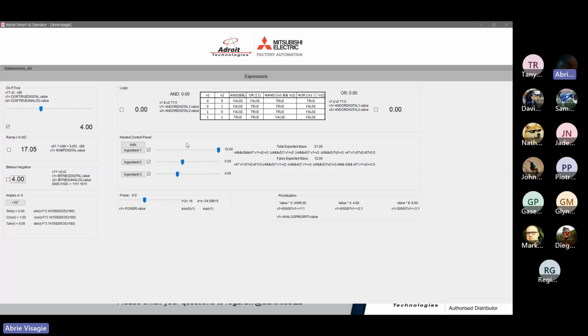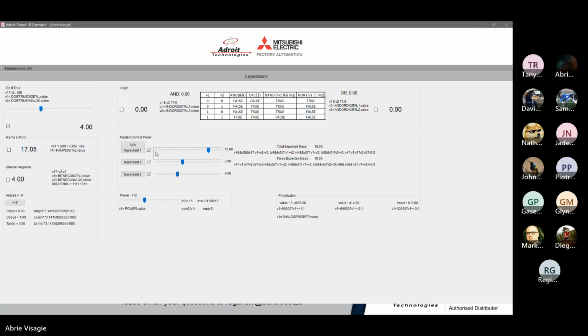For a nested control, this is one where a lot of people struggle when dealing with a large amount of numbers. So for this example, we assume we are looking at a bunch of tanks running into a single container, and we can control the amount of each tank that we are supplying.